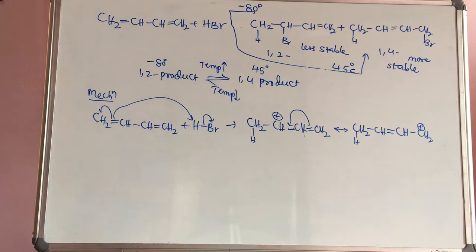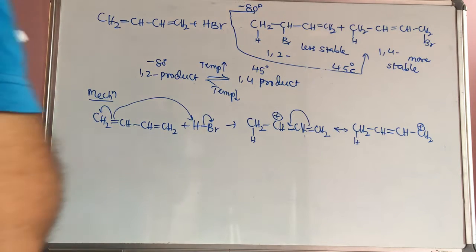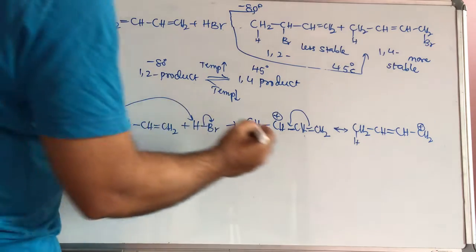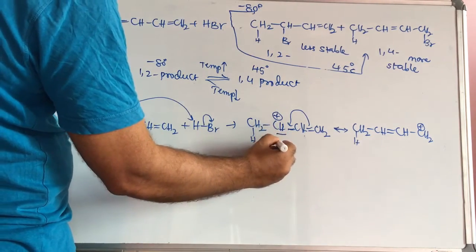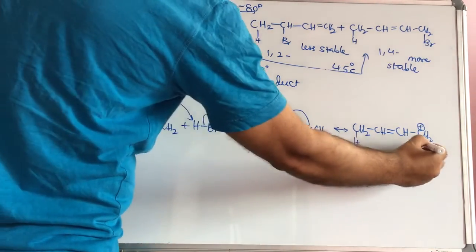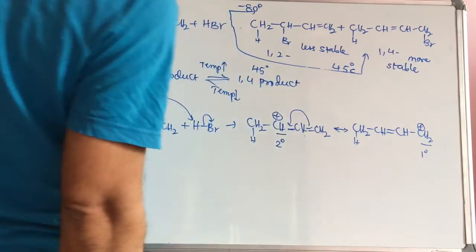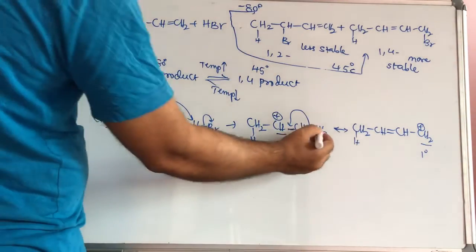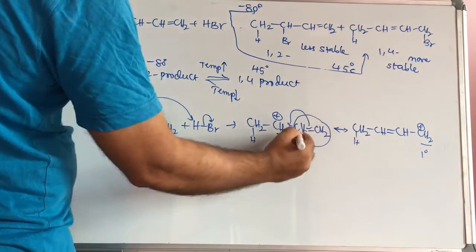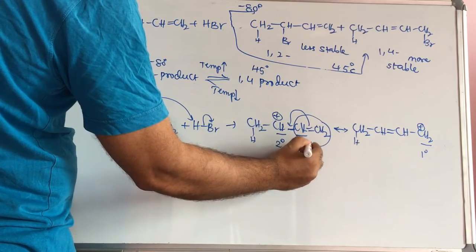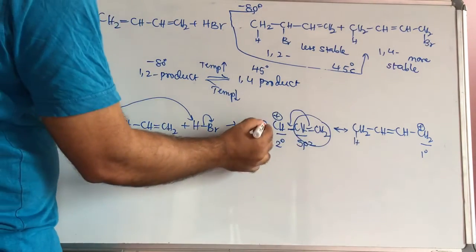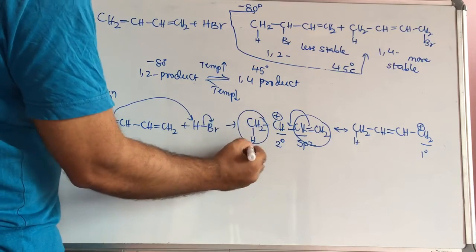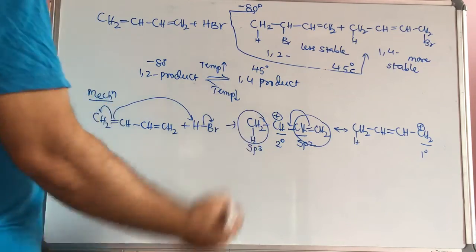In these two carbocations, which is the stable carbocation? If you observe, this carbocation is secondary carbocation, this carbocation is primary carbocation. Here this is a vinyl group. Here this carbon is sp2 hybridized. This is CH3, this is sp3 hybridized.